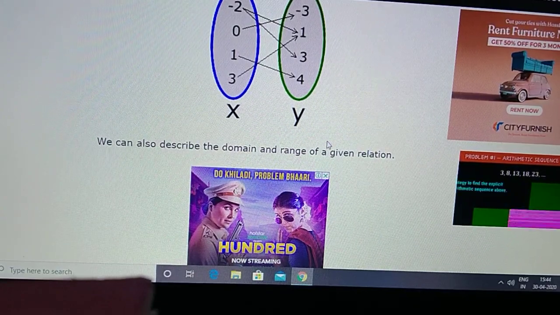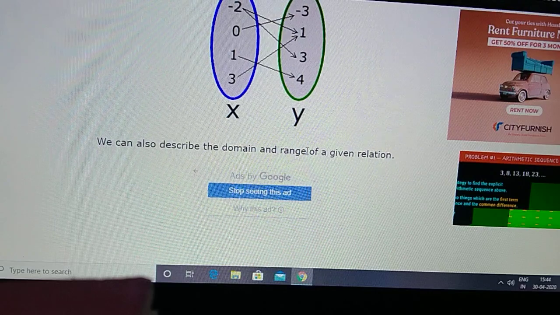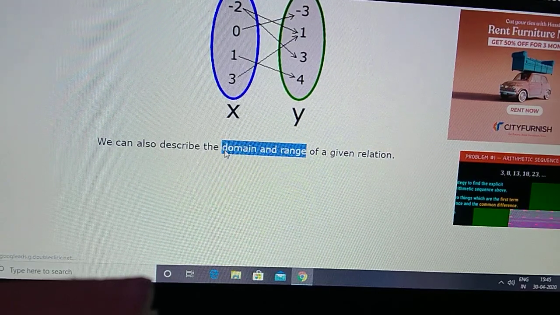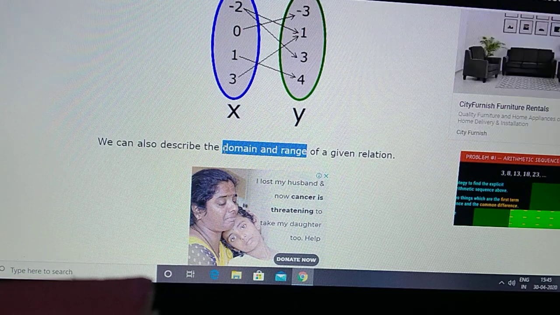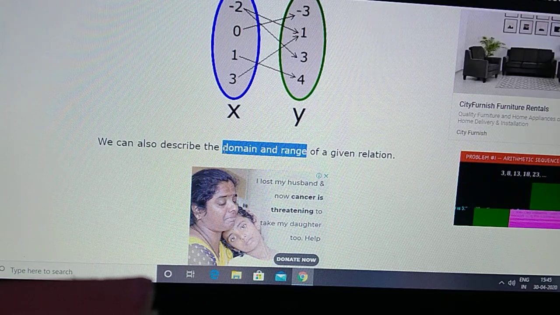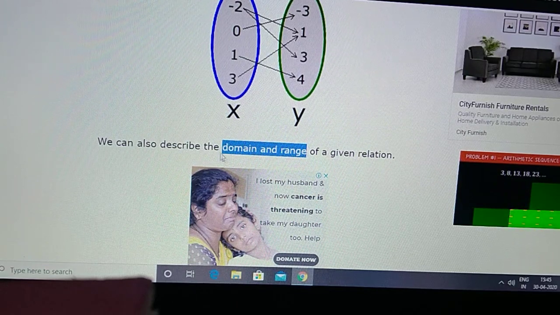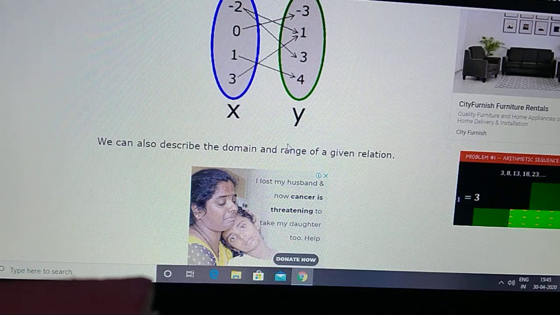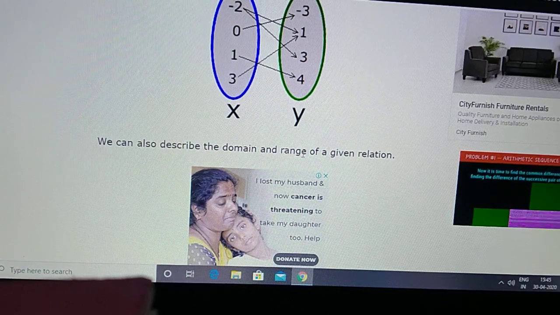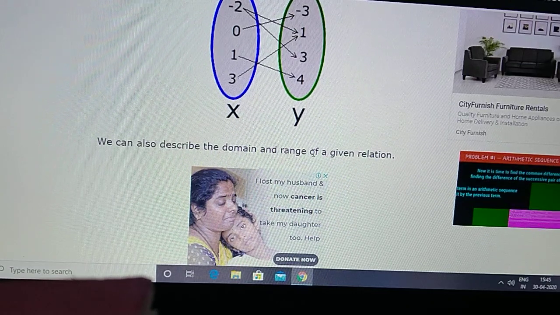Now there are two important points after the relation, which are the domain and the range. What is a domain and what is a range? The set of elements of x is known as the domain, and similarly the set of elements of y is known as the range.